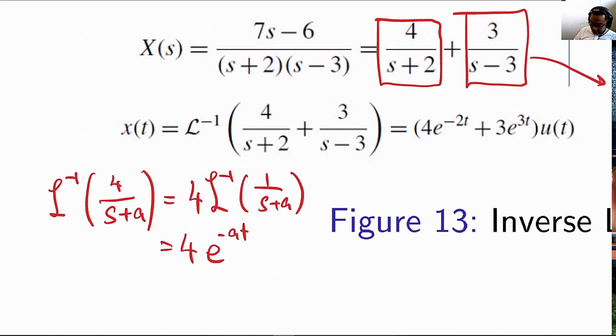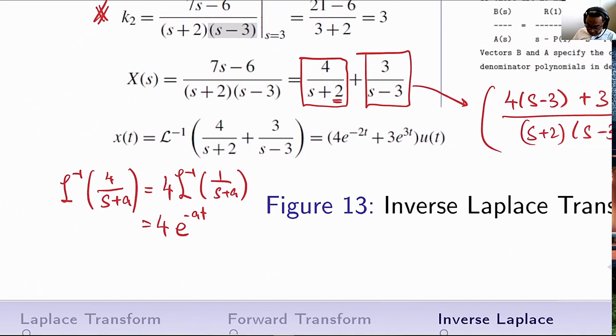And what is A? In this case, S plus 2 will become minus 2t here. Alright? So you can do the rest. The second term will become 3e to the plus 3t, and then we have the Heaviside function.